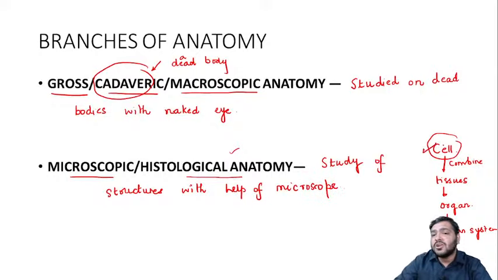We are talking at the molecular and cellular level right now. So the cell structures and tissue structures are studied with the aid of a microscope, and that comes under the branch of microscopic or histological anatomy, guys.